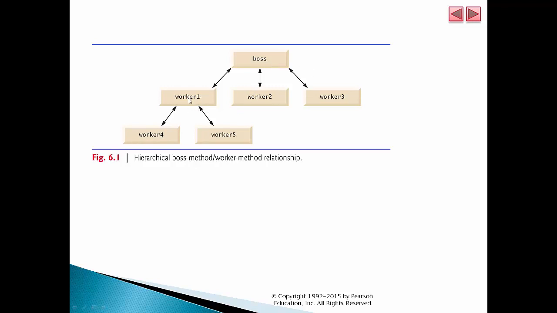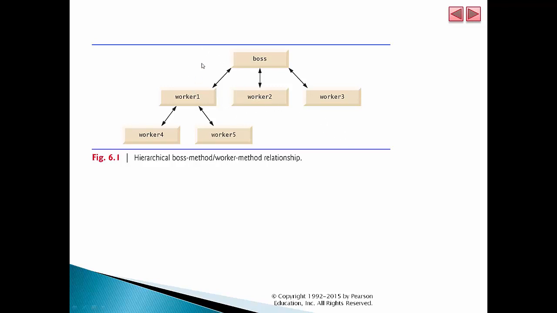If a worker calls another peer, then it's a violation of this hierarchical relationship, and it makes your programs faulty. It makes your programs really difficult to maintain, and it will be what we usually refer to as spaghetti code, where you have a bunch of code which cannot be understood or maintained. So this is a rule of thumb.